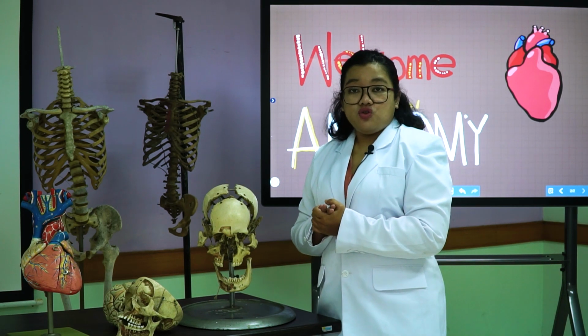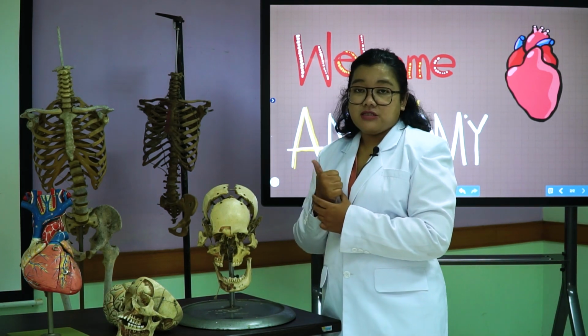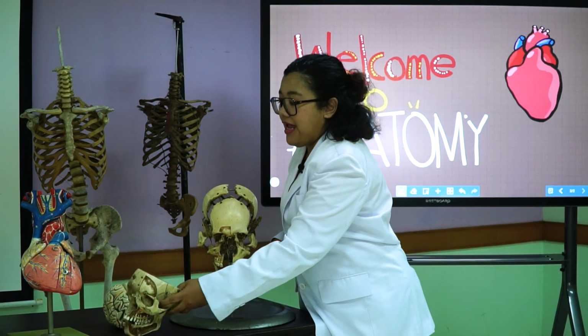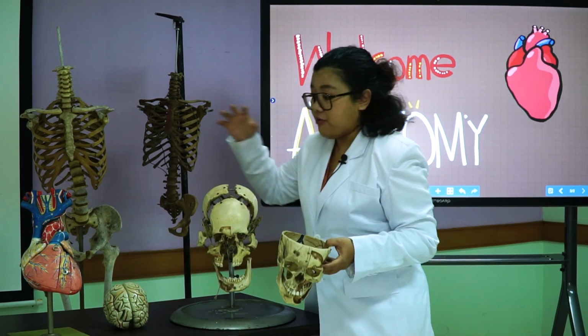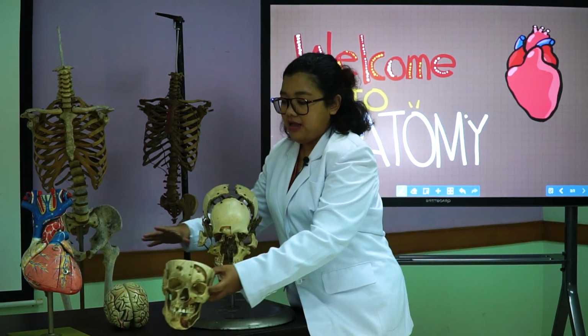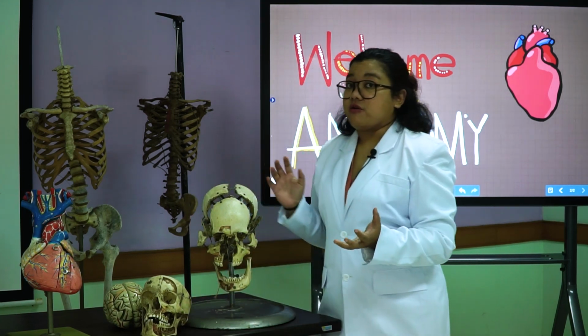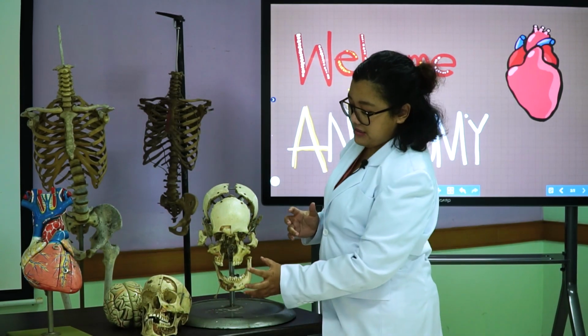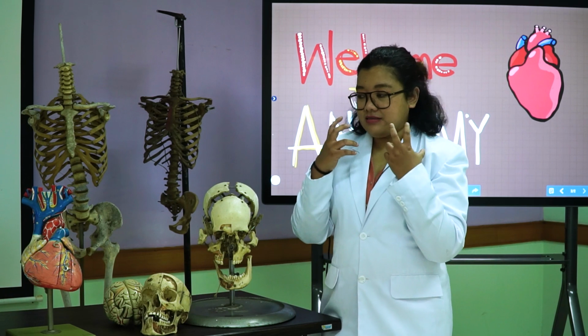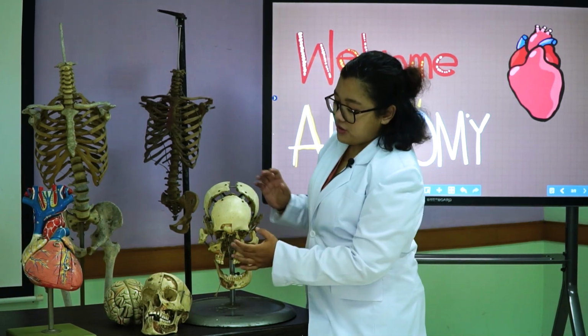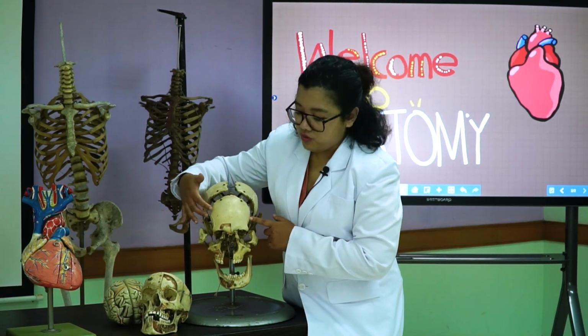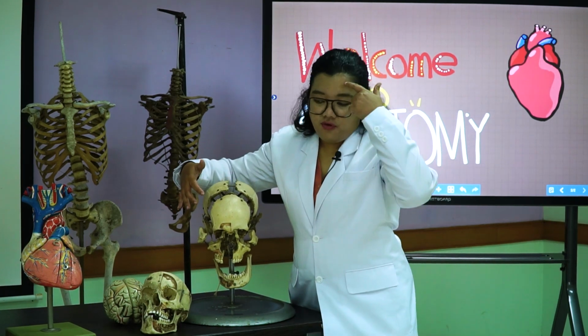In the skull, we usually divide it into two parts. First is the neurocranium. It's the part that houses the brain, just like now. And then we have the facial cranium, the bones that make up your face. If we want to see closer here, you have the frontal bone that makes up your forehead.